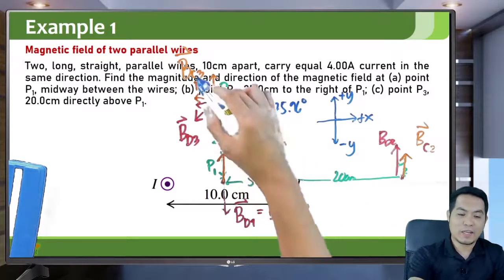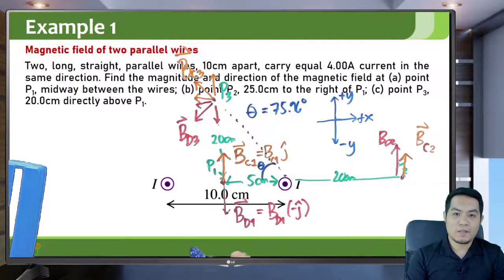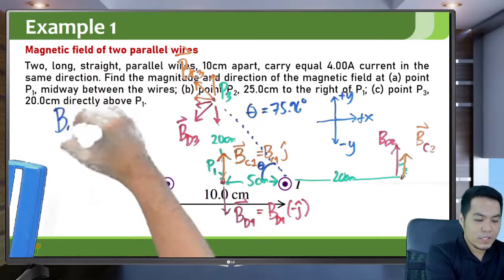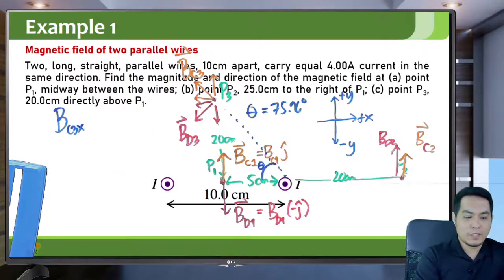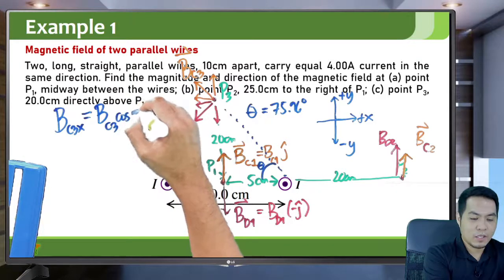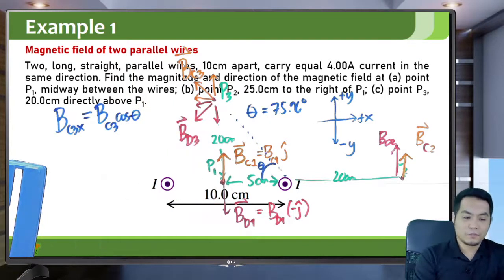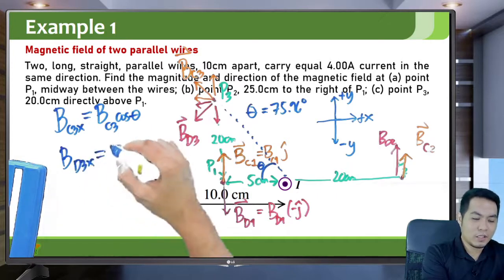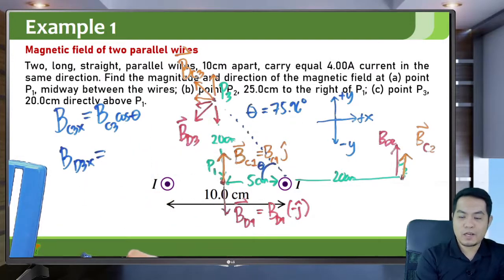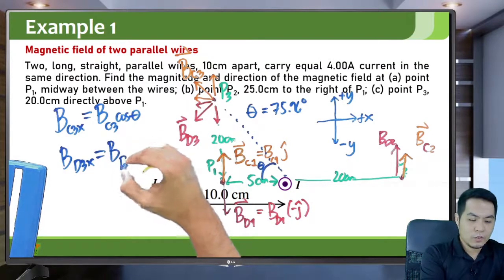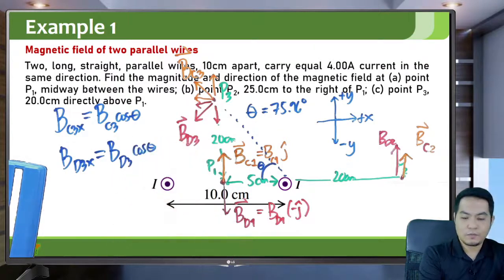You multiply the magnitudes by cosine of this. For instance, BC3x will be the magnitude BC3 cosine theta. And similarly, BD3x will be, actually they will have the same direction, BD3 cosine.